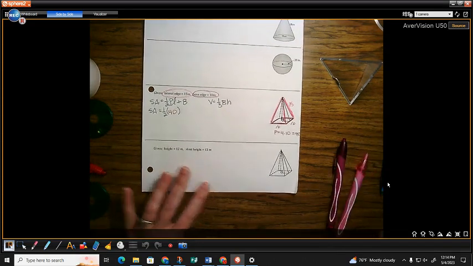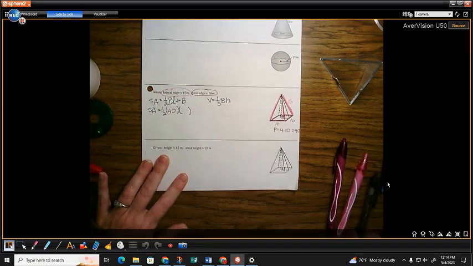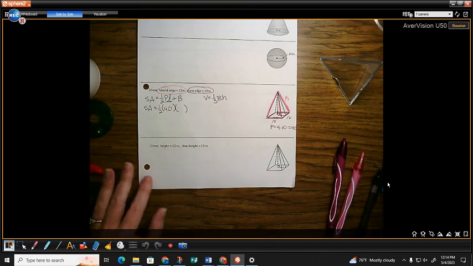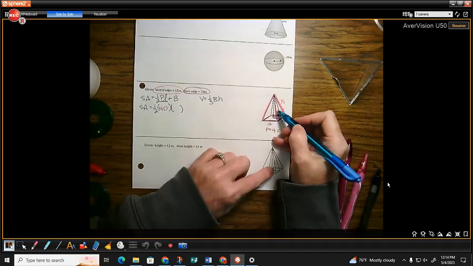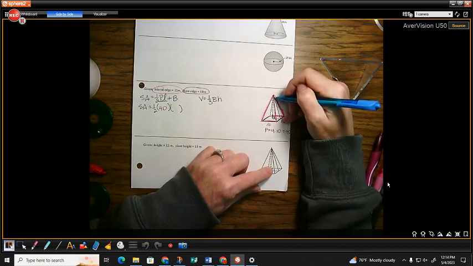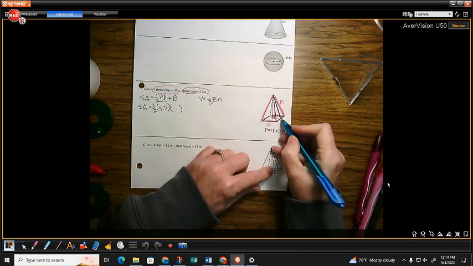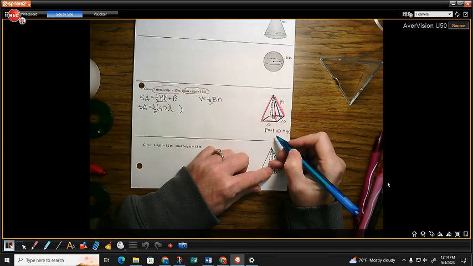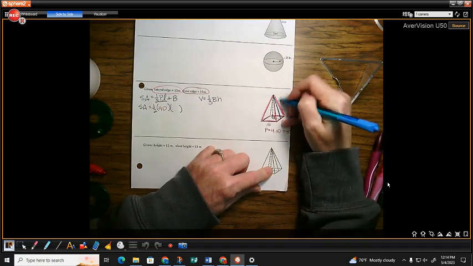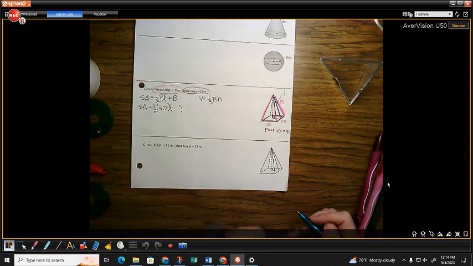Okay. Do I have my slant height? No. Well, is it not the 15? It's not. That is one of these lateral edges. Slant height is perpendicular to the base edge. So it's this blue guy here, and we're going to have to calculate him.